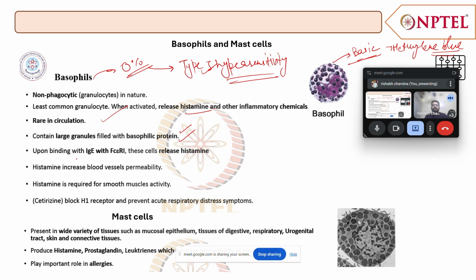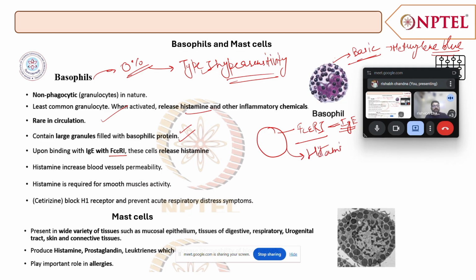Then, upon binding of IgE to the Fc epsilon R1 receptor, these cells release histamine. So basophils have a receptor, Fc epsilon R1, that binds to IgE, which is a major mediator antibody for allergic reactions. After binding, it releases histamine.